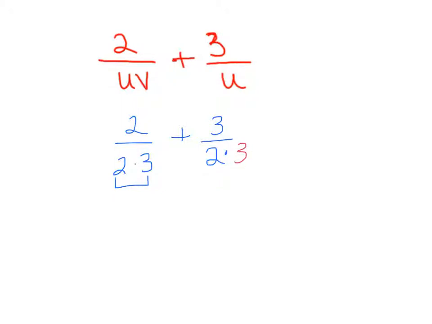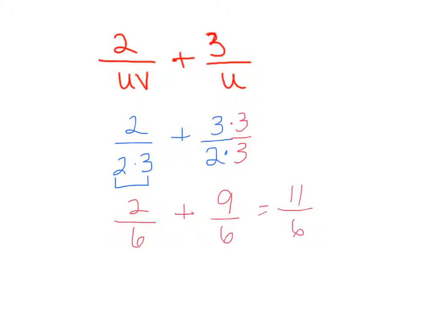I can't just multiply the bottom, I also have to multiply the top because I want to change its form but not its value. So we would end up with 2 over the denominator, plus 9 over 6, which would be 11 over 6.